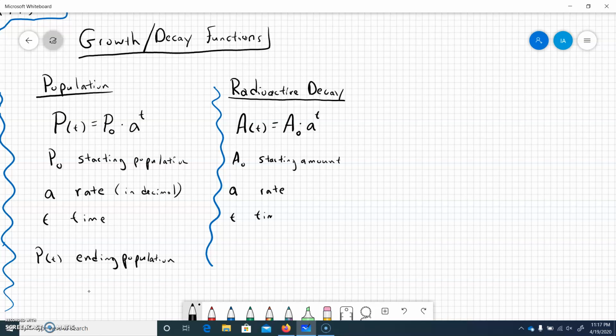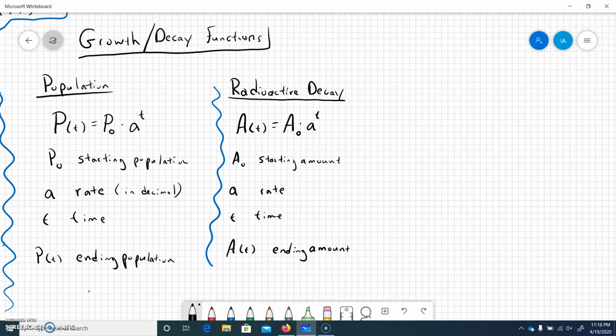T would be time, and depending on how radioactive something was, it actually could be in minutes or hours, and then A of T would be like an ending amount. So basically, if we started with 5 grams of something and we decayed, we might end with 2 grams of something. So as you can see, they're pretty much formula for formula in these two. So we'll kind of work with what's going to happen.